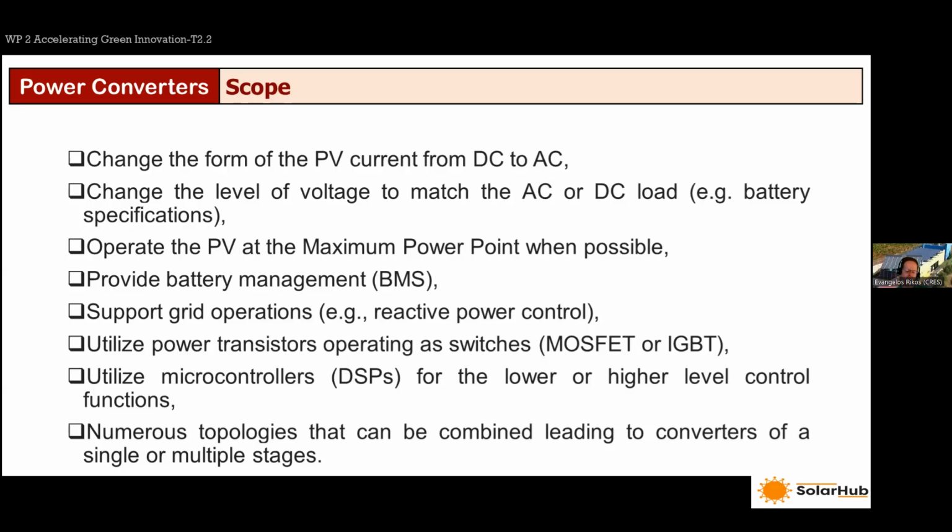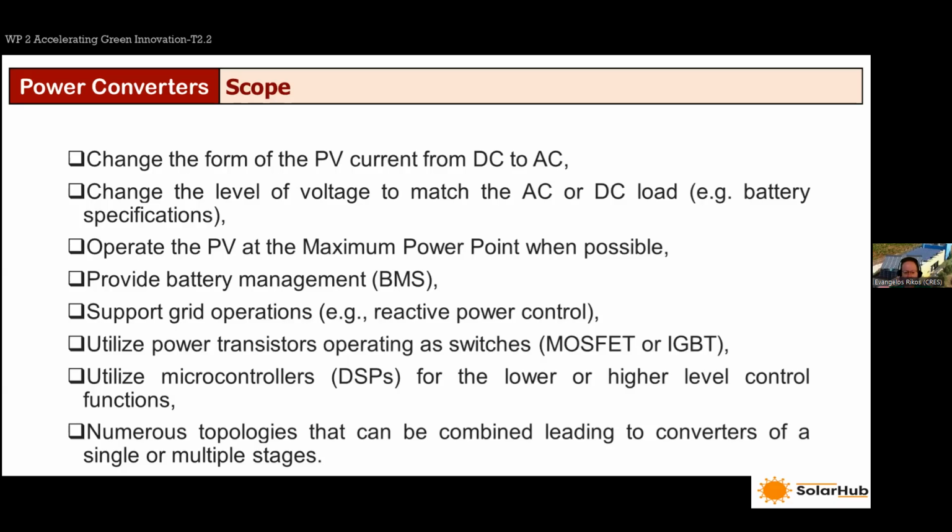We won't look into the physics of these semiconductors in more detail. What you need to remember is that they are just controllable switches, with on and off states. That's all that matters for now.